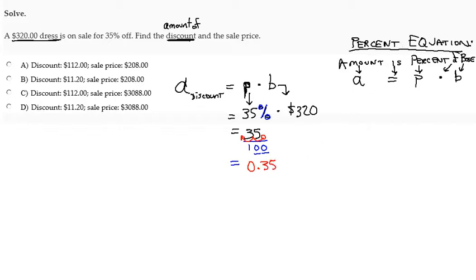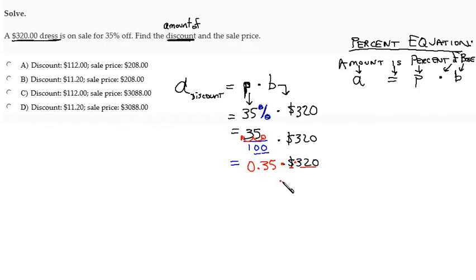Now let's go back and bring the other parts of this problem down. We have times $320 and times $320. I'm just bringing them down to our working line here. Now the amount of the discount, that's running down this left side. What we're calculating on the right side of this equal sign is the amount of discount. Multiply occurs between a number and its unit of measure, which is dollars.